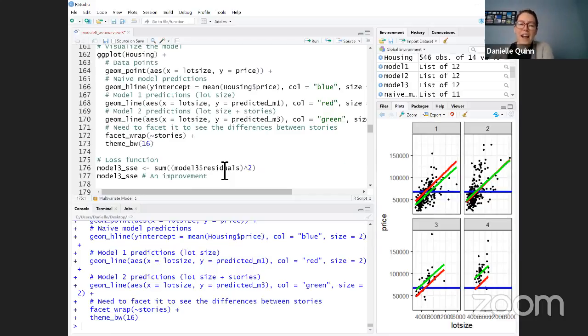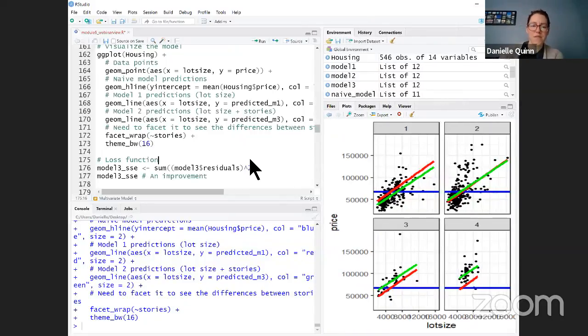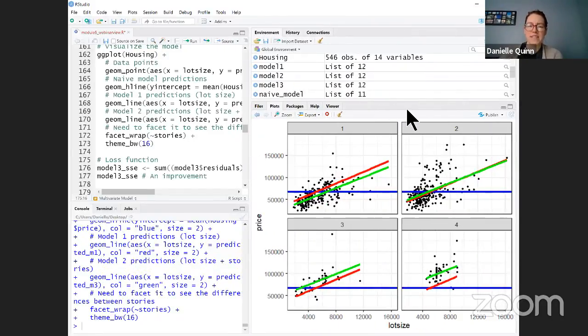As we are adding predictors, it becomes increasingly hard to actually visualize our model, right? Because here, not only is there going to be a slightly different line, our red line is our lot size model, but our green line is the specific line for that number of stories. I'm going to make this a little bit bigger to see.